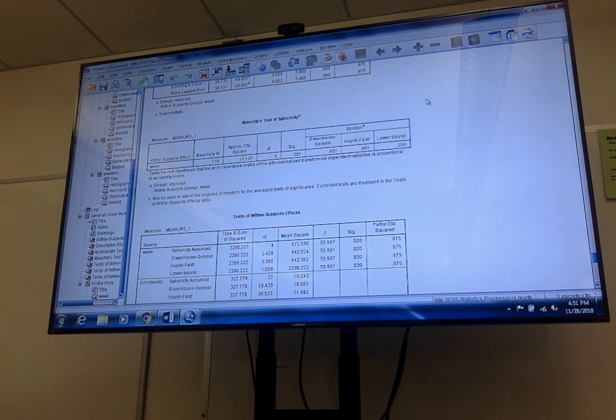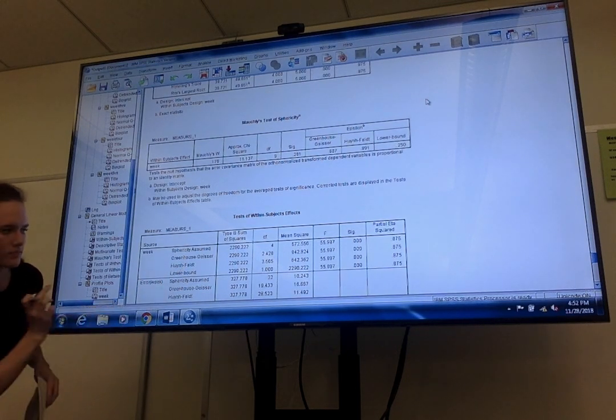So even if our Mauchly's test is significant, and we look at the GG and it's above 0.89, we'll still use the sphericity assumed line. But if it is in this range, we're going to use the HF row, the Huynh-Feldt row right here.